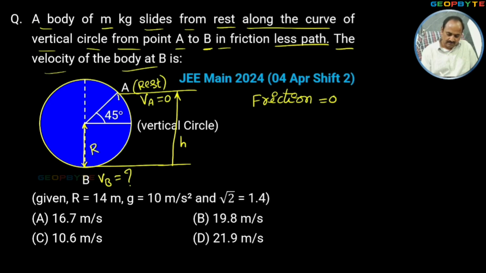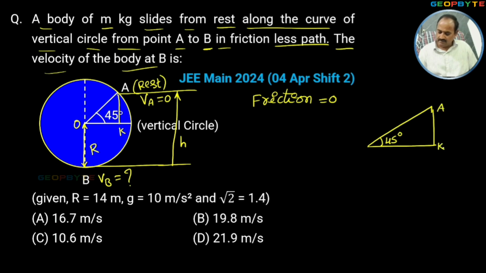Then if I project a vertical line from A, let this be K. Look at the right angle triangle. This is given 45 degrees. This is AK, and this is the radius.